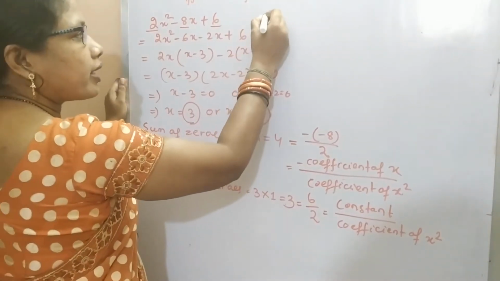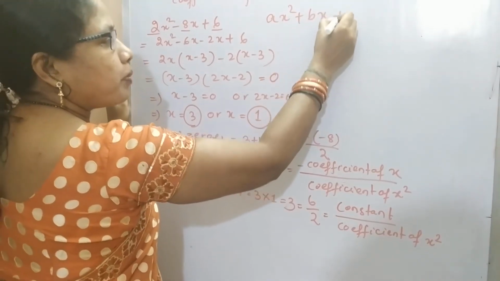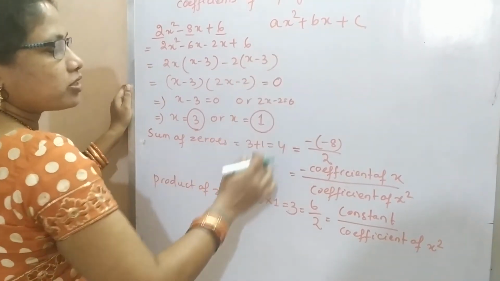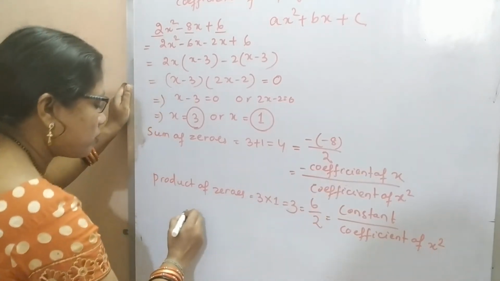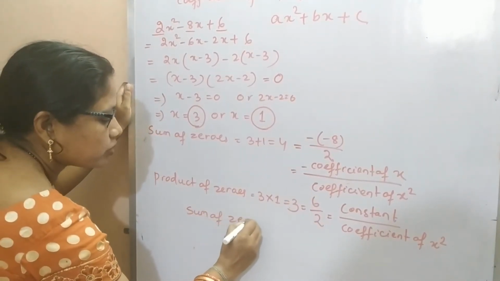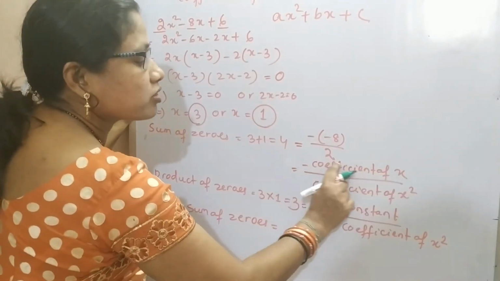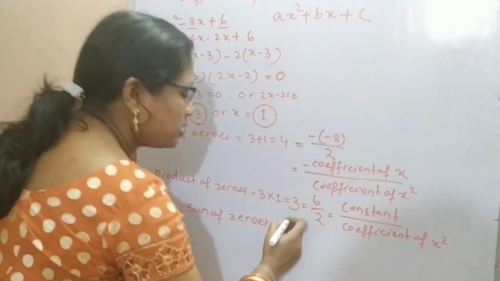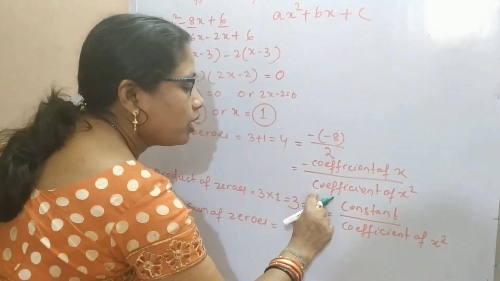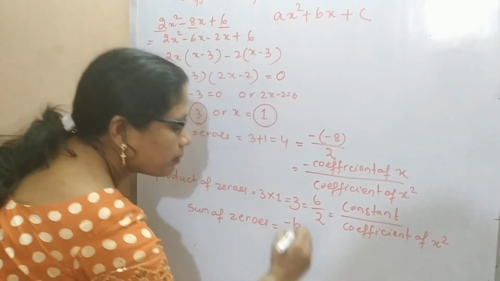So what is the general form of a quadratic polynomial? We write it as ax square plus bx plus c. So what is the coefficient of x? Sum of zeros is equal to minus of coefficient of x, that means b, divided by coefficient of x square, that is a, so minus b by a.